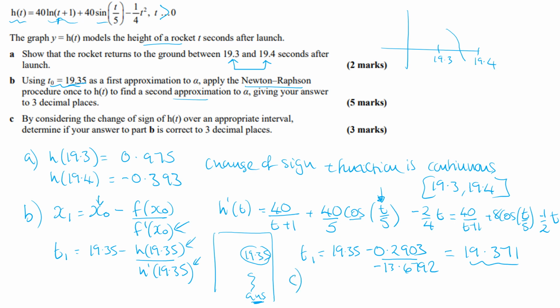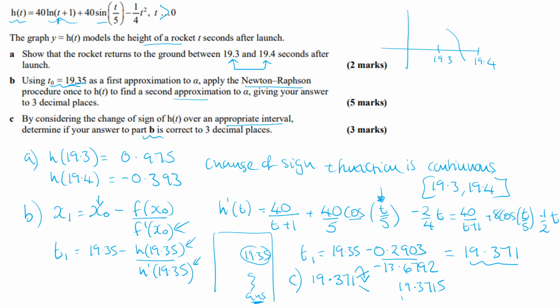In part C, we're asked to consider our answer in part B and choose an appropriate interval to then say that this is the best estimate for the root. So what we need to do is look at our answer from part B, which is 19.371, and look at the upper and lower bound. So if you just go to the next column along, the upper bound is going to be 19.3715.